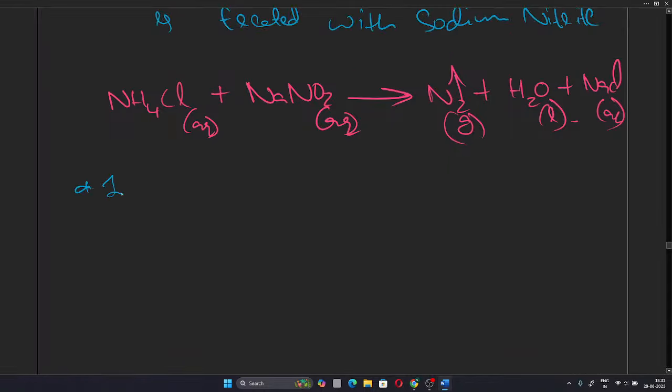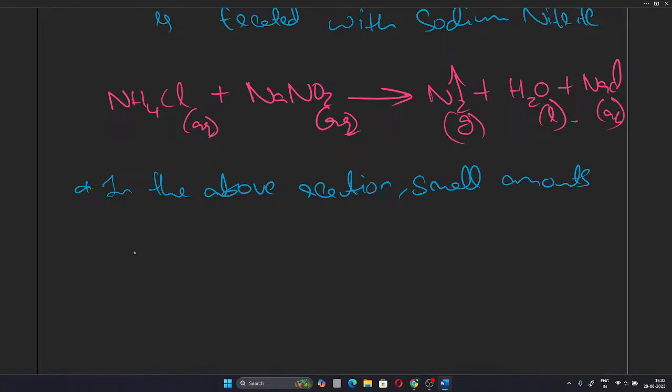In the above reaction, small amounts of impurities of nitric acid and NO are formed.